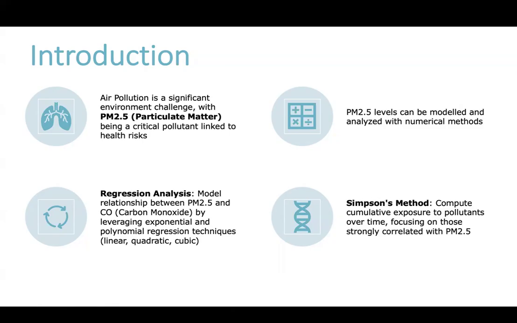We do this by leveraging exponential and polynomial regression techniques, in linear, quadratic, and cubic forms. PM 2.5 levels can be modeled and analyzed with numerical methods. And lastly, we're using Simpson's method to compute cumulative exposure to pollutants over time, focusing on those that are strongly correlated with PM 2.5.